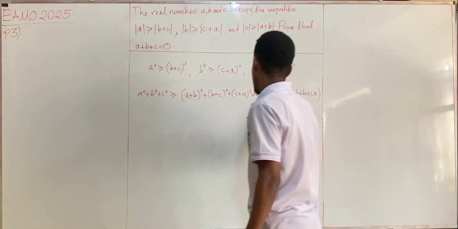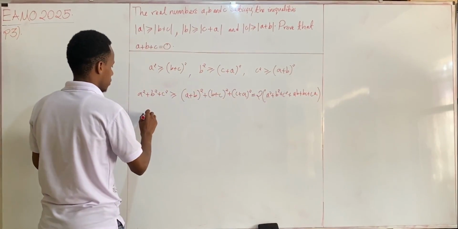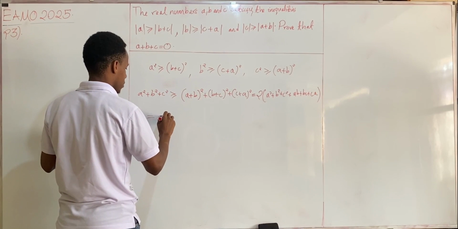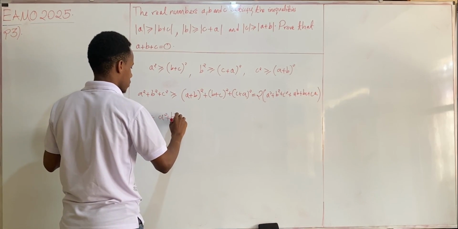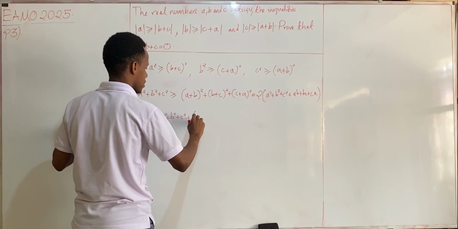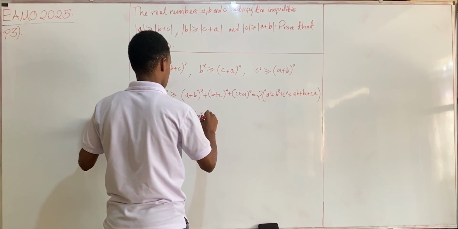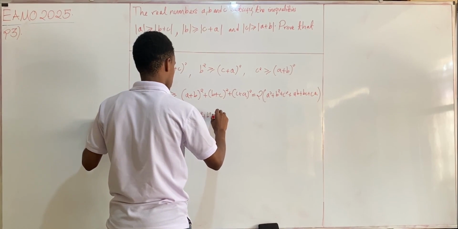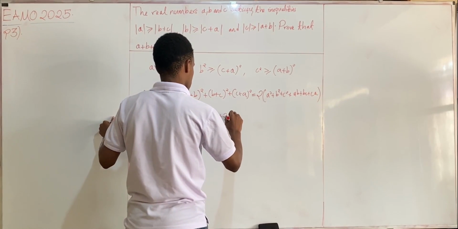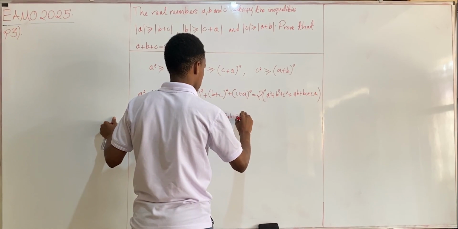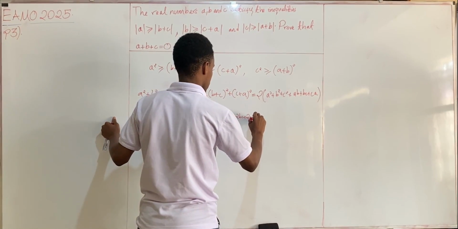Now we can separate this, we can make it more clear. We can write this expression as the sum of a squared, b squared, and c squared, plus we can separate the other part as a squared plus b squared plus c squared plus twice ab plus twice bc plus twice ca.